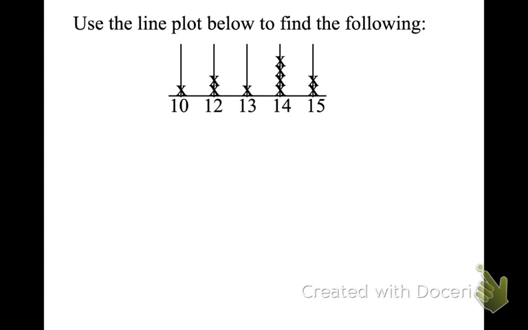Okay, so let's go here. Use the line plot below to find the following. So now they're giving us the information on a line plot, so we're going to say we have a 10. Let's list one 10 plus two 12s. Here I'm adding, I'm in drawing mode.